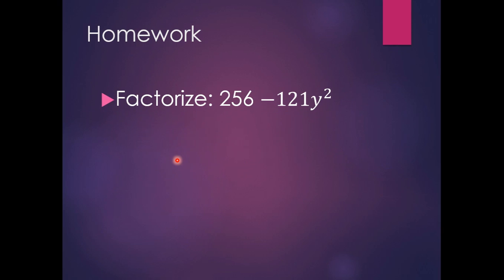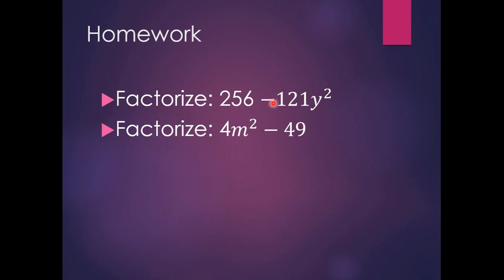Now here are some questions relating to a square minus b square equals a plus b times a minus b. We have this question, and after you get the answer, if you multiply the factors you can get the question back. In that way you can easily check whether your answer is correct or not. That will help you enhance your multiplying skills, and you can also check your answer in the examination after solving.